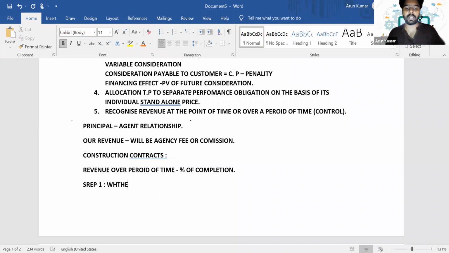whether the project is profitable or not. How will you check whether the project is profitable or not?